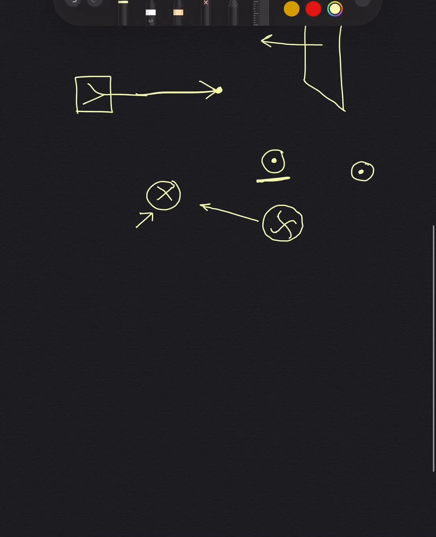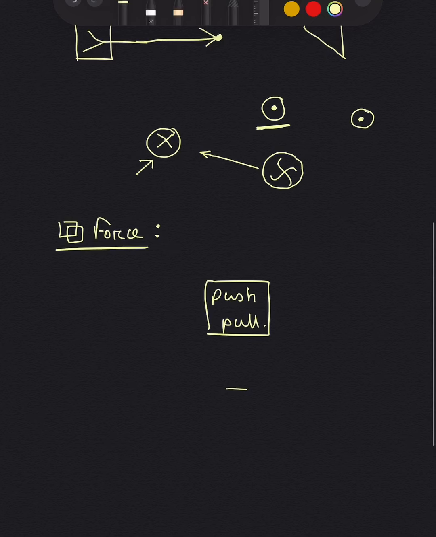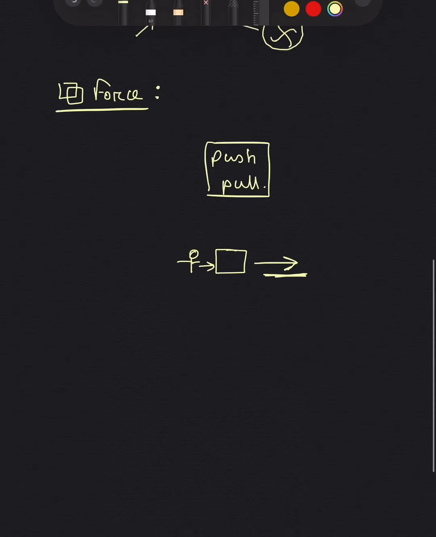Now we come to the next point, which is force. So what is a force? Force is an external cause for which the state of a body is changed. What do we do to cause a change in the state of the body? We push or pull the body. This is called force. Suppose this is a box, you are pushing the box towards that side, this force has a definite direction, and if you pull the box, then this is the opposite direction.